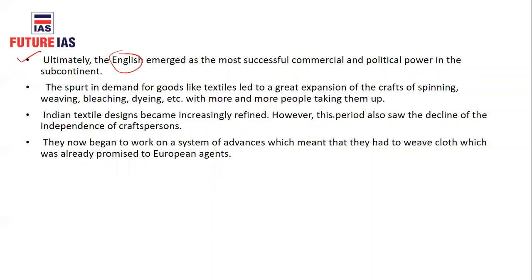So the English emerged as the most successful commercial and political power in the Indian subcontinent, and that is why the English established colonial rule on the Indian subcontinent, isn't it? In the initial phases, it was because textiles and spices were of great demand, isn't it? So that caused these East India companies to establish their bases in the Indian subcontinent.